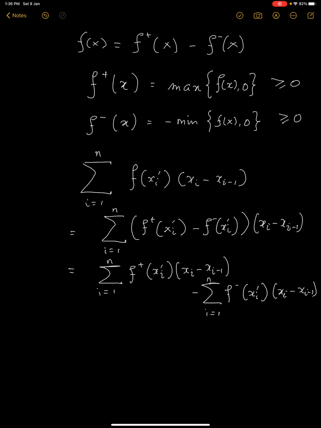So we can have this. Now suppose the limit as n tends to infinity of this quantity exists.